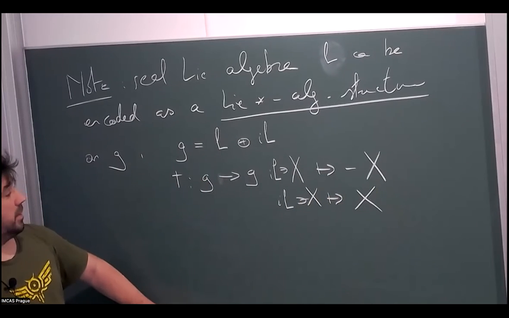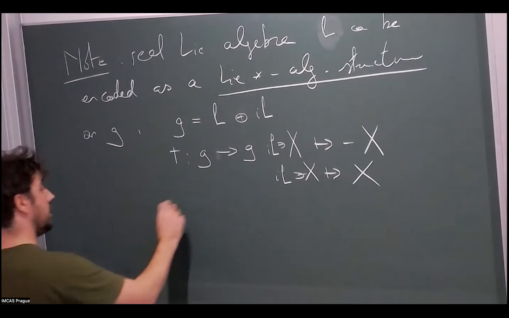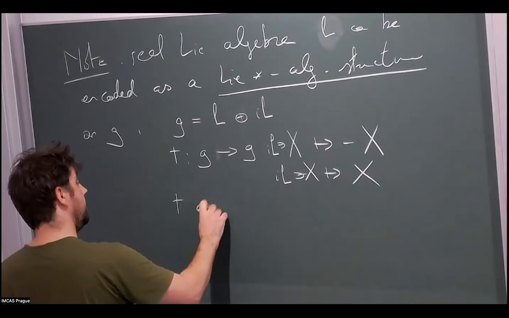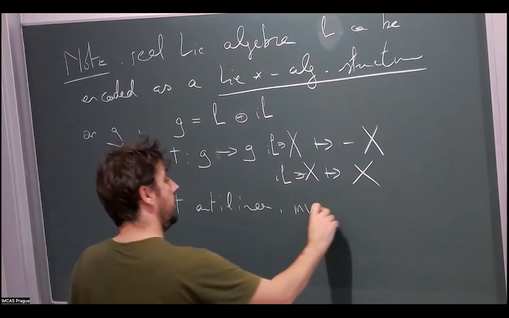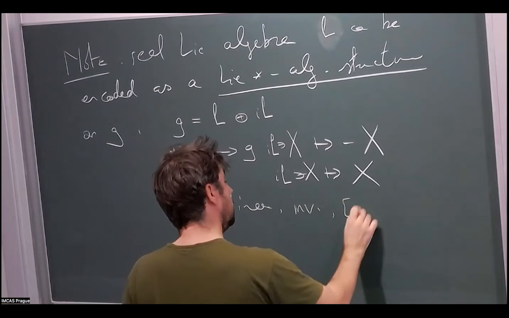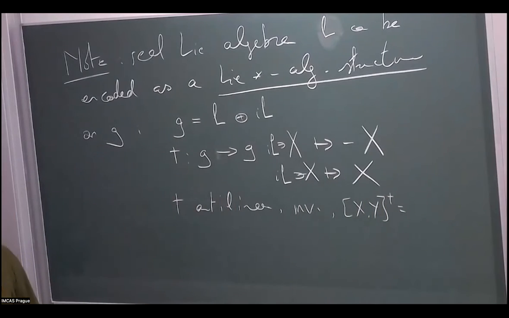So what do I mean by a star structure in general? It just means the usual thing that you expect of a star: it is antilinear, involutive, and it changes the order of the multiplication.